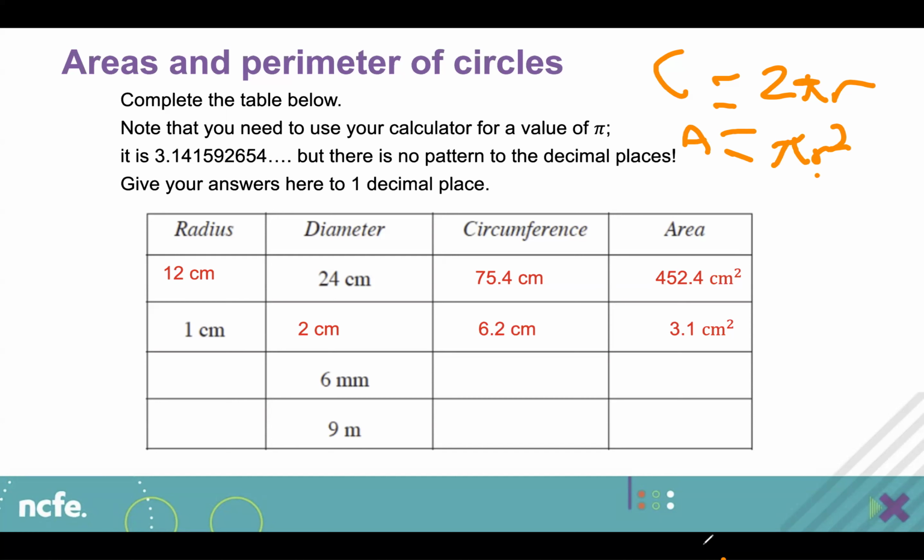So again, for this one, the radius would be 3, as the radius is half the diameter. The circumference using the formula 2 pi r would be 6 pi, as 2 times 3 is 6. So 6 pi would be 6 times 3.1415, which equals 18.8.